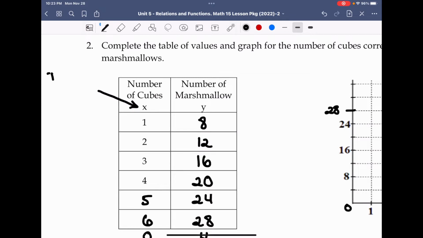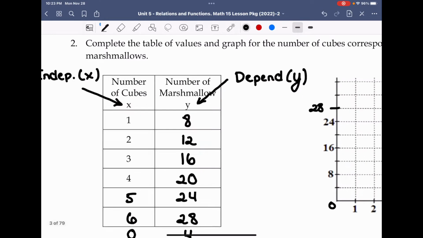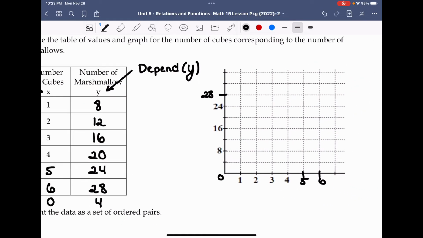So we're going to say our independent is the x and our dependent is the y. And this will always be the case here. Now, when I label the axes, I should have y, which is symbolic of the number of marshmallows. And then I should have my x-axis, which is symbolic of the number of cubes.